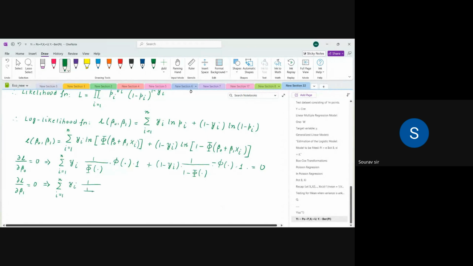Yi derivative of this is 1 by cap phi of this into cap phi का derivative, which is phi of this into derivative of beta naught plus beta 1 xi with respect to beta 1. तो ये होगा सिर्फ xi plus 1 minus yi into minus phi of this into xi is equals to 0.